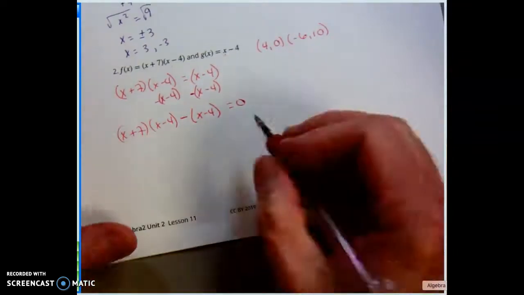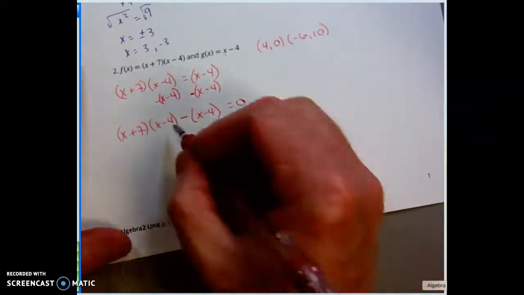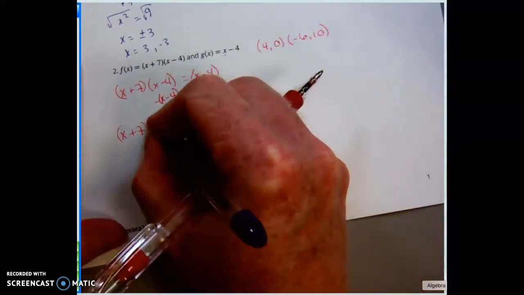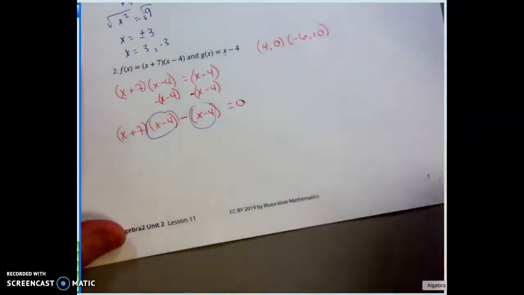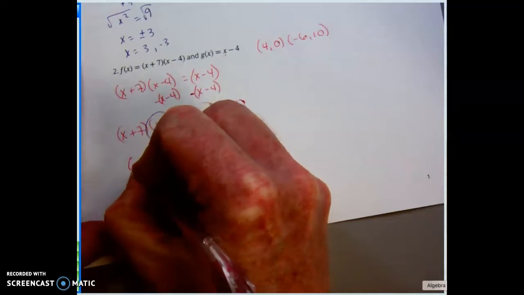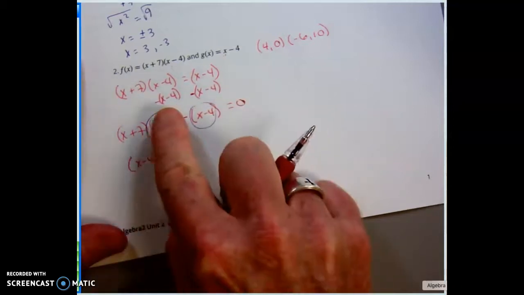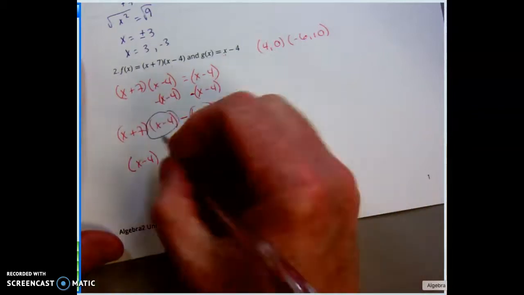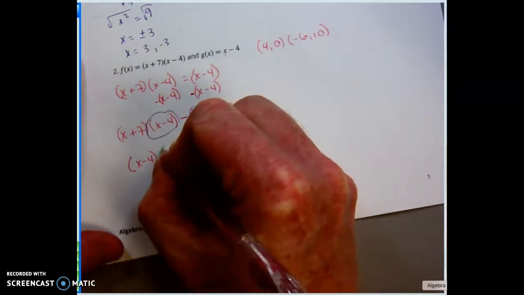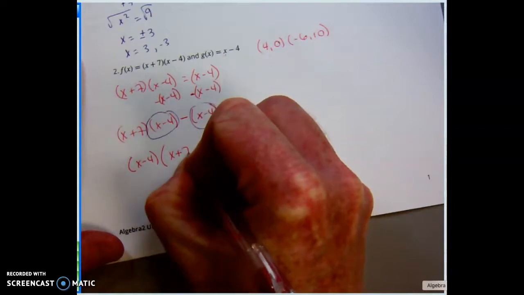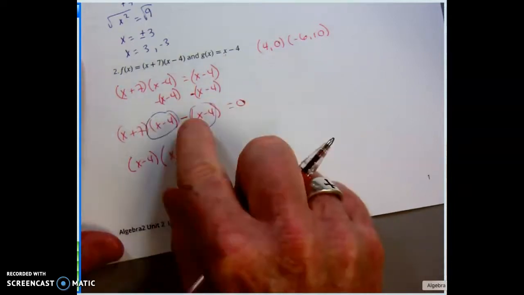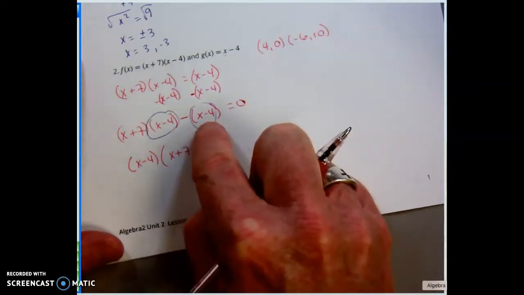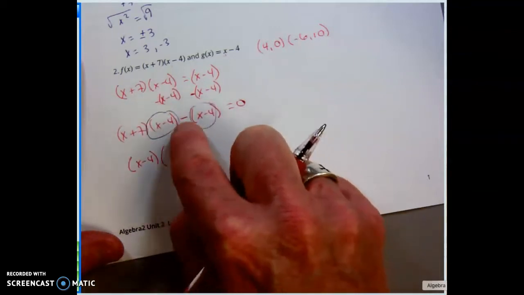Now this time this gets a little tricky. I'm going to factor this x minus 4 off of this. If I take the x minus 4 off of the first one, I'm left with x plus 7. And then if I factor off the x minus 4 from the second one, I totally take it out, so I've got to hold that place.